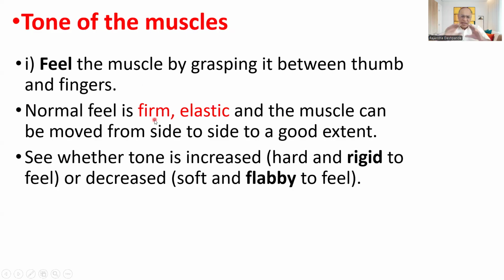Normal feel of any muscle should be firm, elastic, and the muscle can be moved from side to side to a great extent. The doctor should see whether the tone is increased, that means the muscle is more hard and rigid to feel, or whether muscle tone is decreased, so the muscle will be soft and flabby to feel.